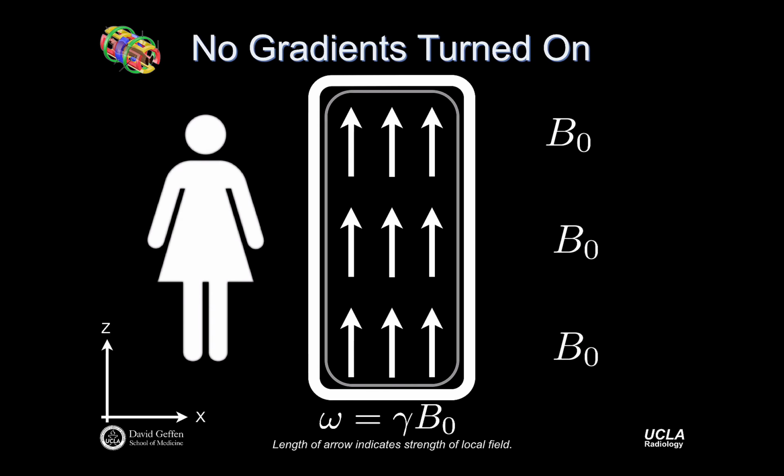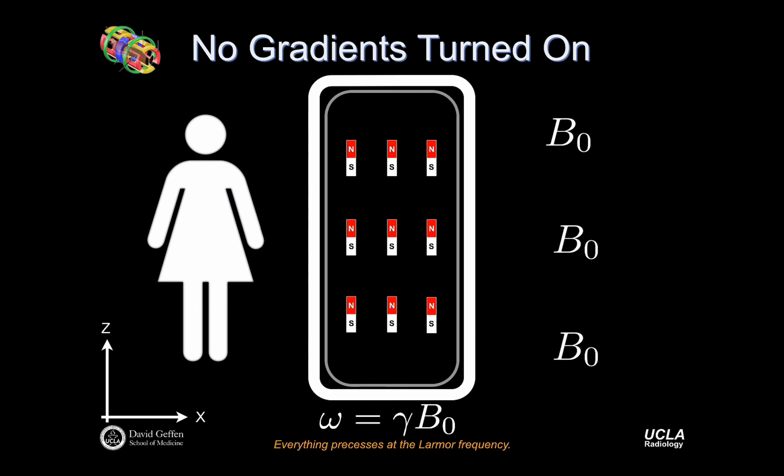If the field is the same everywhere, then the Larmor frequency is the same everywhere. It's B0 that governs the Larmor frequency. So what happens when we look at precession? We expect everything to precess at the same frequency. You see the same B0 field, so all of our water spins do the same thing. Something you're familiar with already.